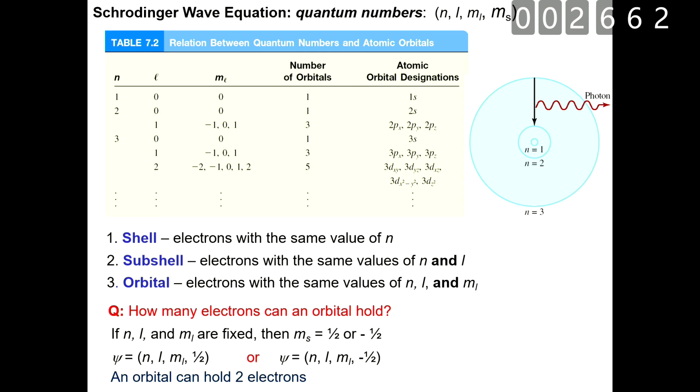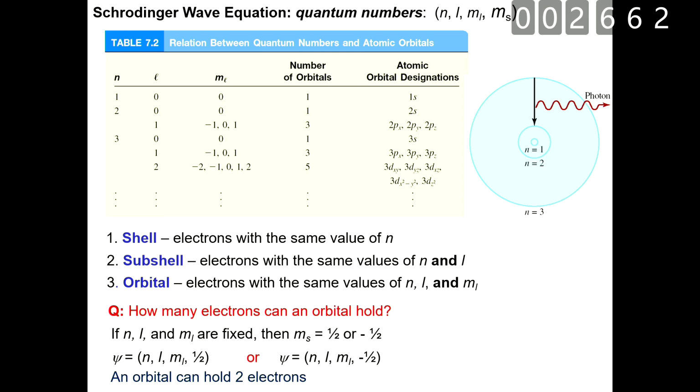Is what we're talking about here different from the number of electrons that can be held in the shell? Oh, in the shell, basically the shell is made by orbitals. So you just need to determine the number of electrons in the orbitals, and then you can figure out how many electrons are in the shell. Yes.